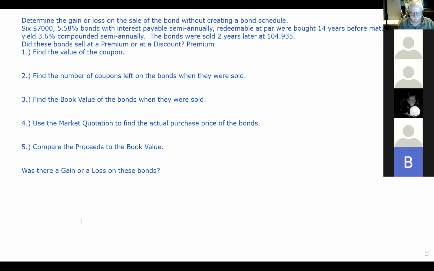So the first thing you want to do is find the value of the coupon. And what do we have to do there? There's $7,000, but there's 6 of them. I think I see the problem you might have run into. Moodle wants you, and the textbook wants you, to multiply these to do them all as one lump sum.